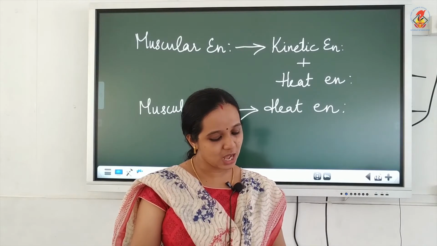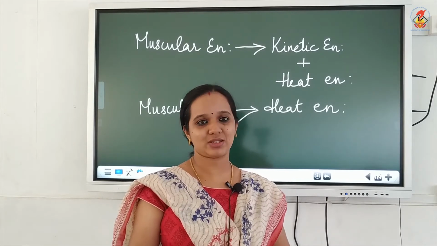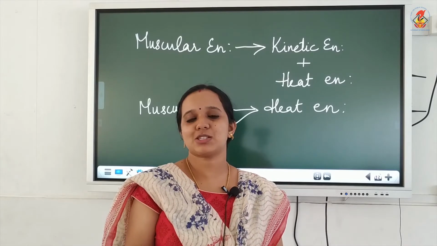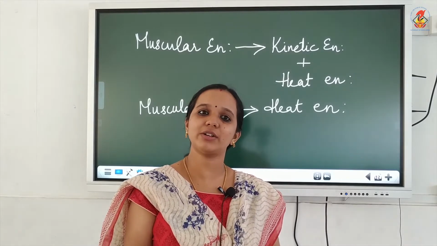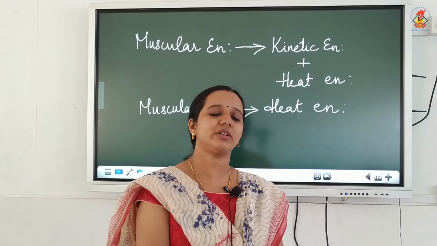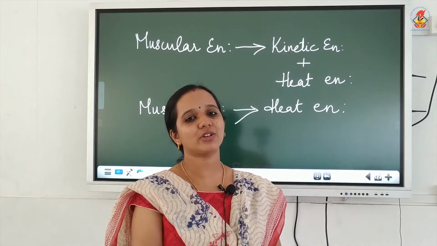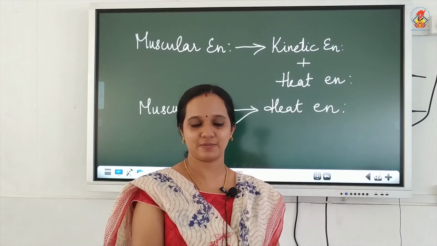Okay, that is the answer for the 8th question. There too, even though the rock didn't move, the muscular energy that you spent is not lost. It was just converted into heat energy. This satisfies the law of conservation of energy again.